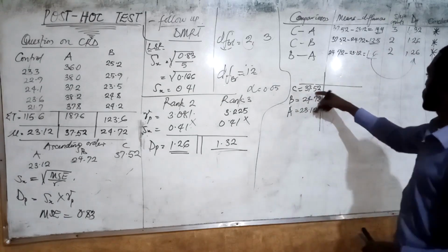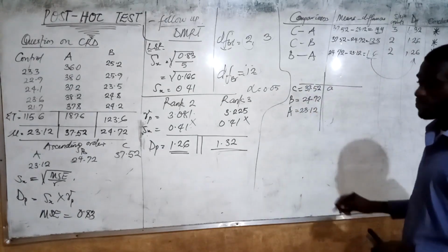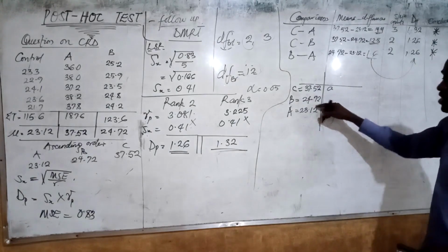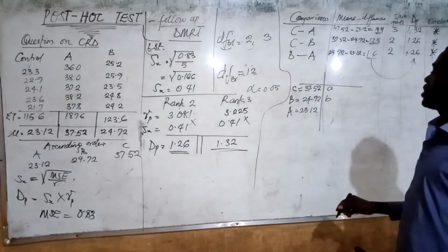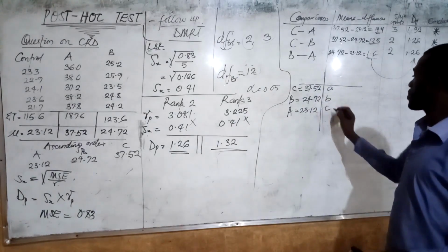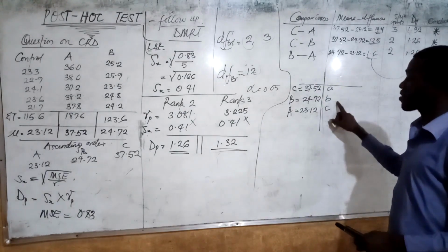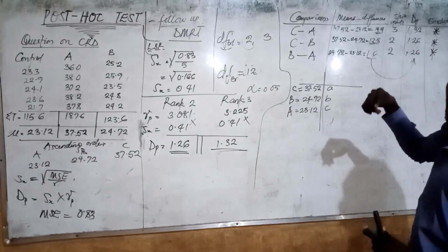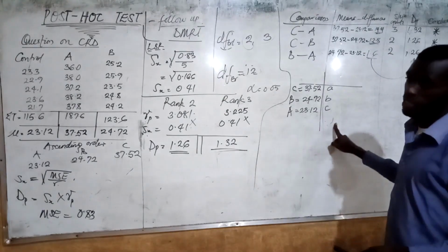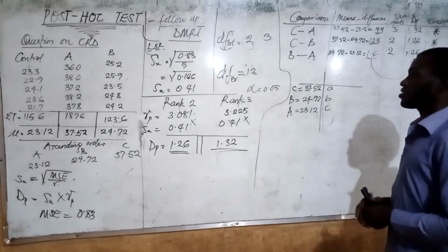This one was significantly different, right? So we allot letter A. This one was significantly different, we allot letter B. This one was significantly different, we allot letter C. And if one was not significantly different, it will have the same letter as another. So when they have unique letters, it means they are significantly different.